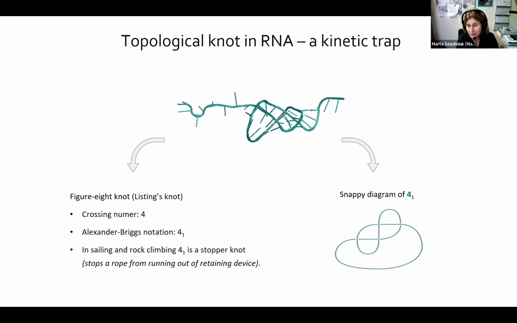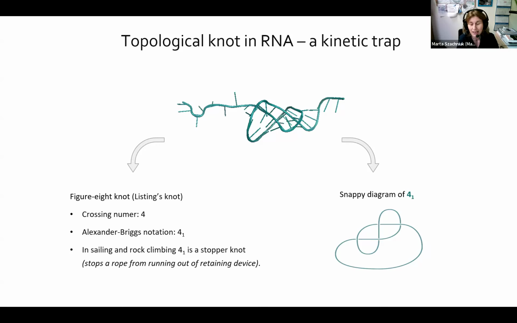So what you can see here is a figure 8 knot, also known as Listing's knot. It's a knot with a crossing number 4. So we have 4 crossings when we project this knot onto the plane.